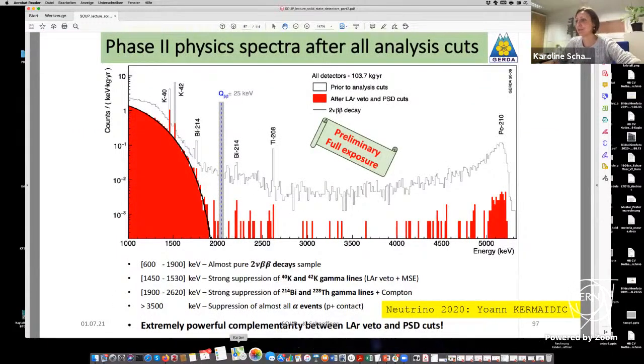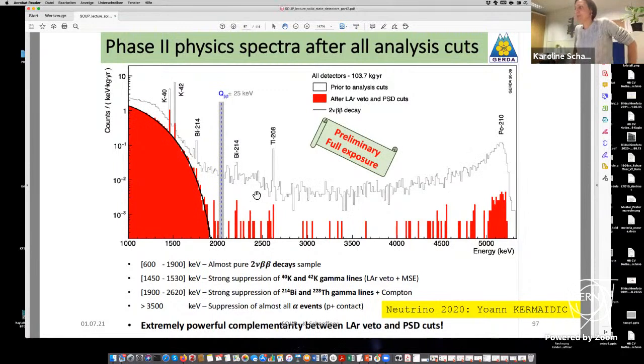And they have also a good understanding of what they measure. Here in gray you see just the spectrum as the data is taken, and then you start to apply cuts from this liquid argon veto and also pulse shape analysis. What you end up with in the lower energy region is mainly this 2-neutrino double beta decay.